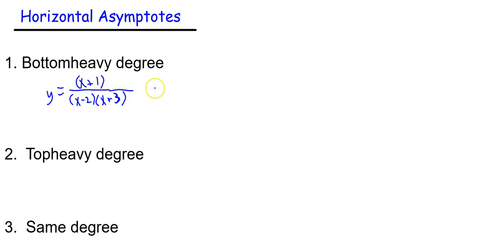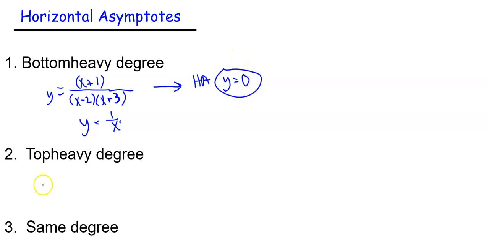When the degree is bottom heavy, it always has the same horizontal asymptote. So the ha will be at y equals 0, always. In fact, if you look at our parent graph, 1 over x, the degree of the numerator is 0, the degree of the denominator is 1, and so that one has a horizontal asymptote at y equals 0.